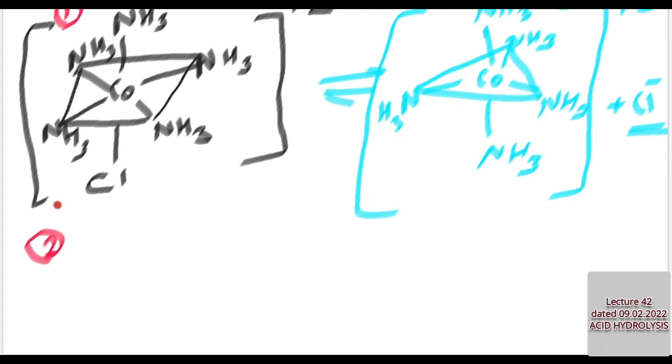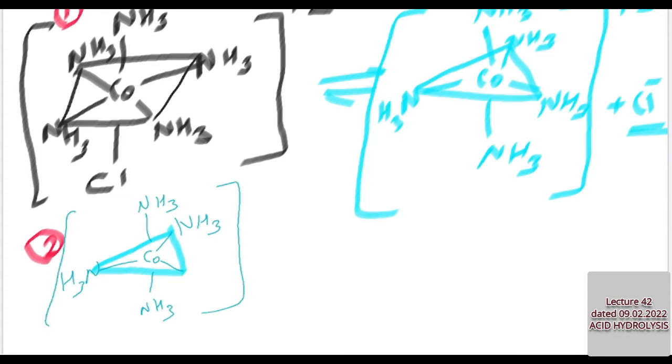Second step: whatever this 5 coordinated intermediate is, let me represent it again. A cobalt metal is at the center and the 5 bonds are from ammonia molecules. The total charge carried by this intermediate is +3.